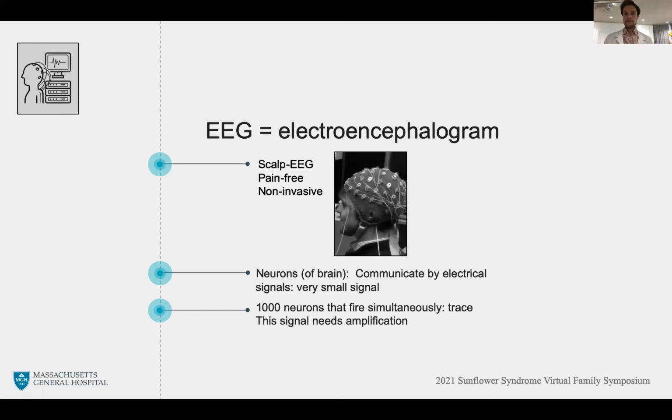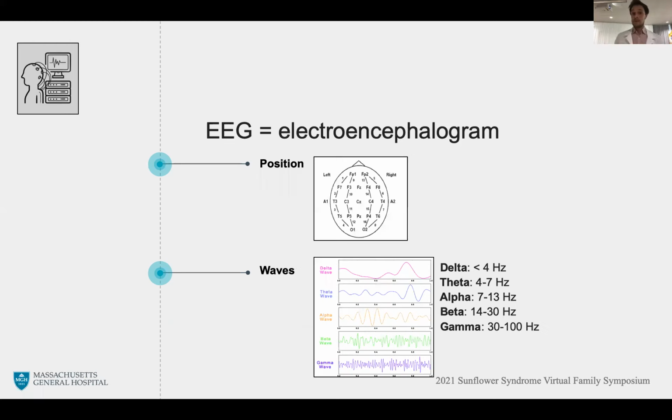Regarding the position, this is the head viewed from the top. You see that there are different numbers and letters. We call it the double banana because it kind of looks like a double banana.